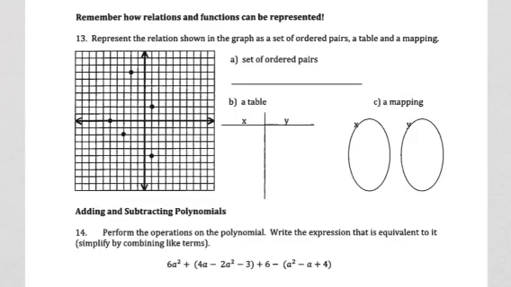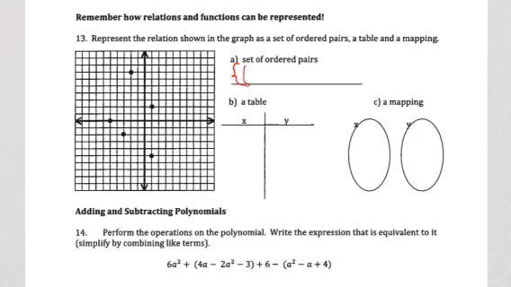The first thing that it asks for on number 13 is a set of ordered pairs. Anytime you have a set, let me see if I can draw this a little better with this stylus. A set has a curly brace, and then ordered pairs are in parentheses.